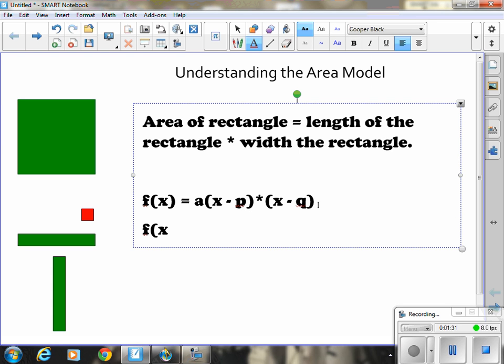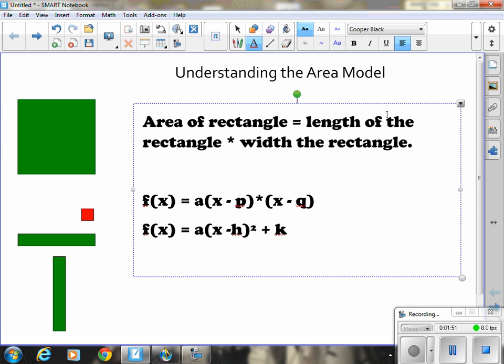Vertex form, if we think about how that's constructed, looks like x minus h squared plus k. This doesn't quite look like length times width, but what if I manipulated it just a little bit?